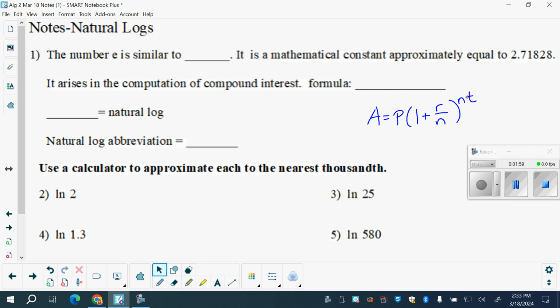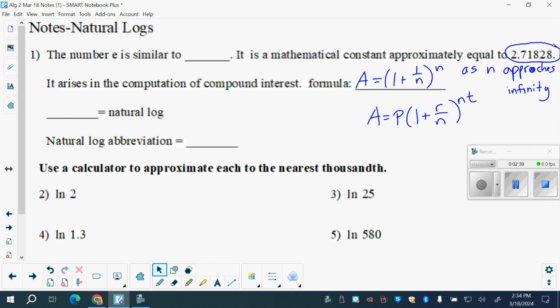But what ends up happening is it goes to this number, if we put it into this formula, as n approaches infinity. What we end up getting is it's going towards this number. And it's this number that just keeps coming up in math.